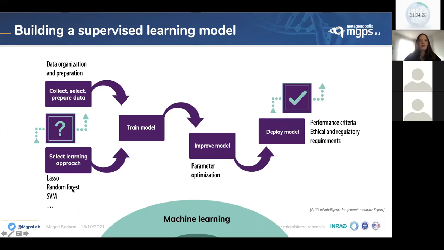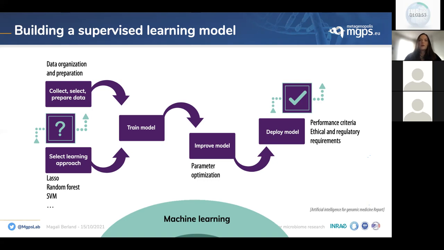After, the second step is to select the learning approach. There are really many approaches that exist. I just put 3 here, for example, lasso regression, random forest, support vector machine. Whatever learning approach can be chosen. And the third step is to train the machine learning model with the training data set provided here, and improve this model with parameter optimization.